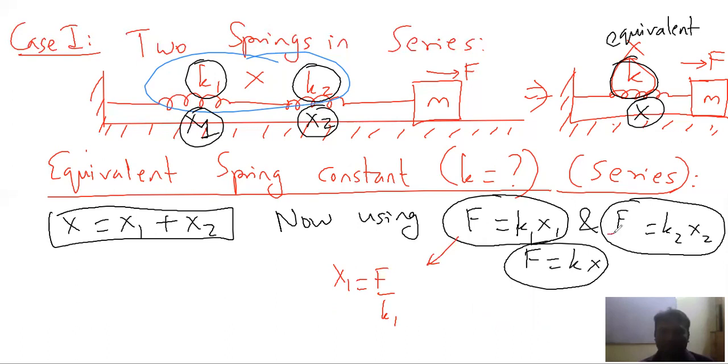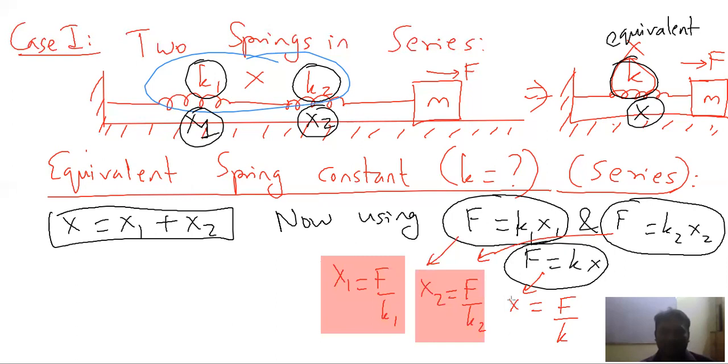From the second equation, I will get x2 is F by K2. And from the third equation, I will get x is F by K. So these are the three equations which I want.